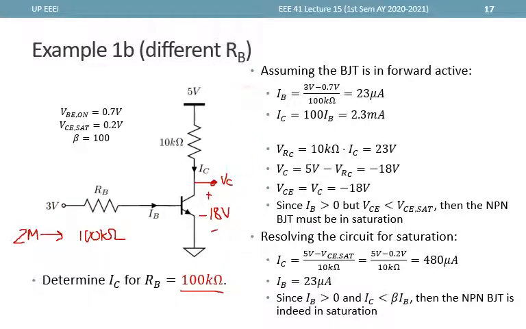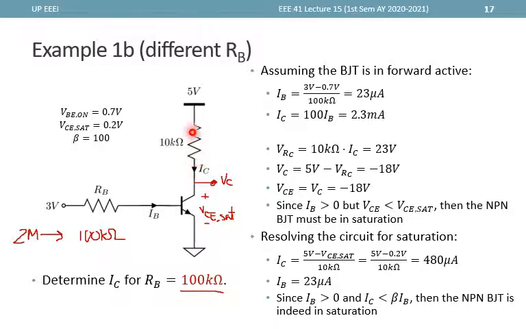Now, if the BJT is in saturation, then we'll just replace this with VCE sat. And note that we cannot anymore use IC is equal to beta IB. However, this one should suffice in identifying IC.